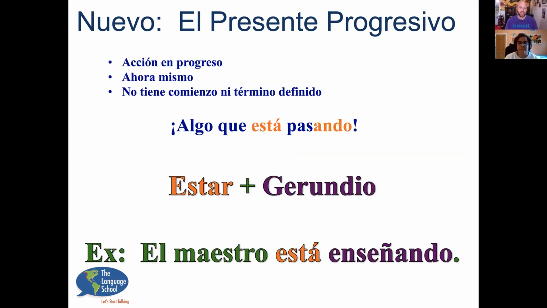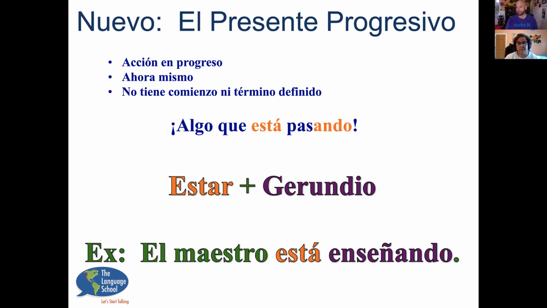Two things have to take place: we need the verb estar, and then we need the gerund version of the primary verb. For example, el maestro está enseñando. The teacher is teaching. So that gerundio, the gerund, is the ing version of our verbs.